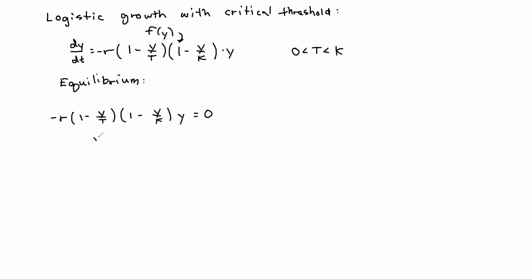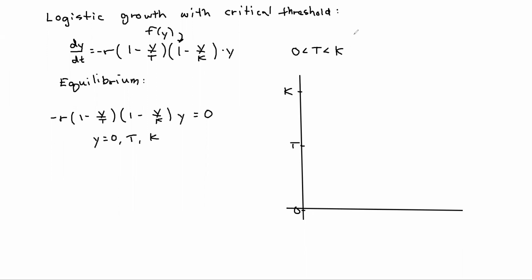If you do that, you're going to get y equals 0, T, and K. So in terms of our graph, we're going to have equilibrium solutions at 0, T, and K. And we can draw those in red.